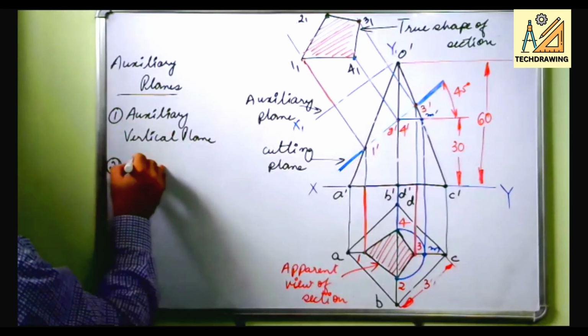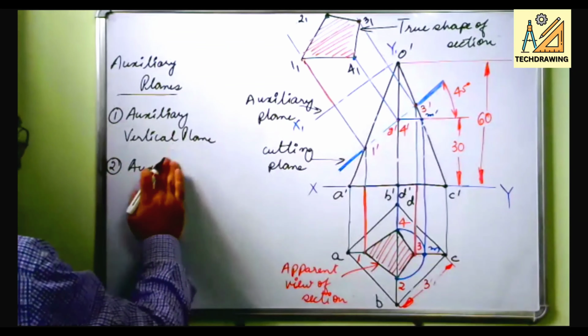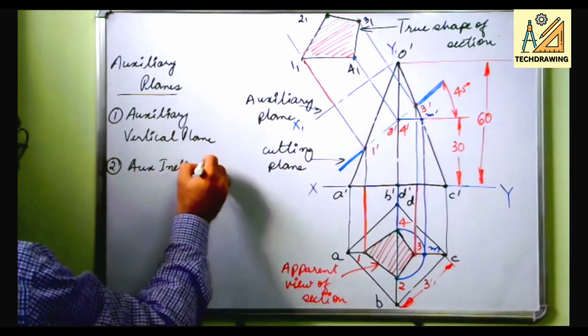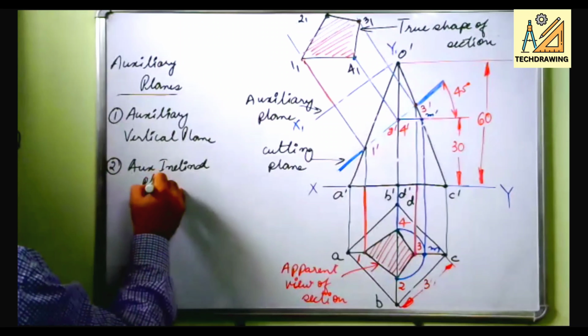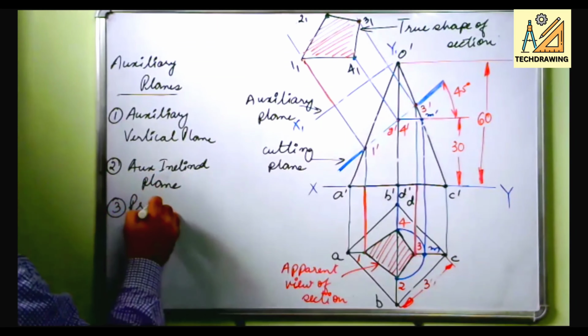Second is the auxiliary inclined plane. Third is the profile plane.